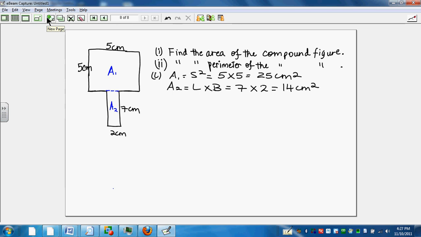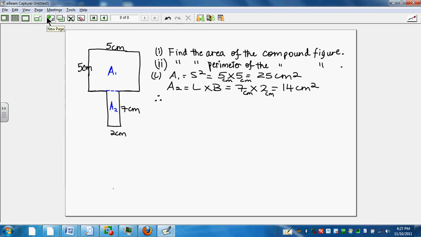Now, all the way along, we should really be putting centimeters. So that you have your units all the way through. Okay, so consistently, that is the way it should be done.